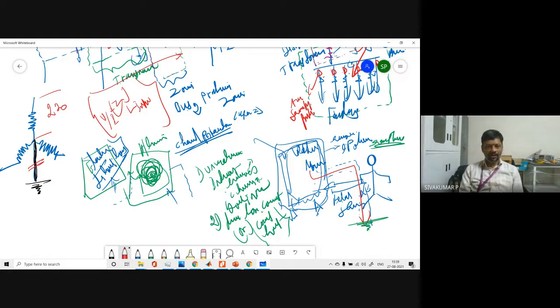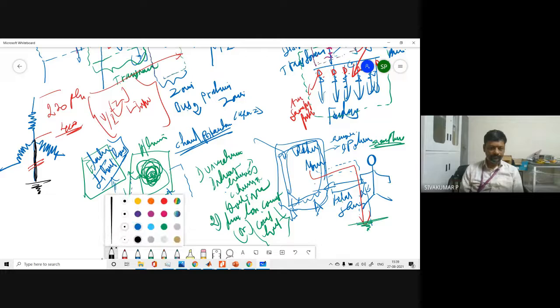If it is not, it may become the phase voltage. This is the phase voltage. This is the line voltage.